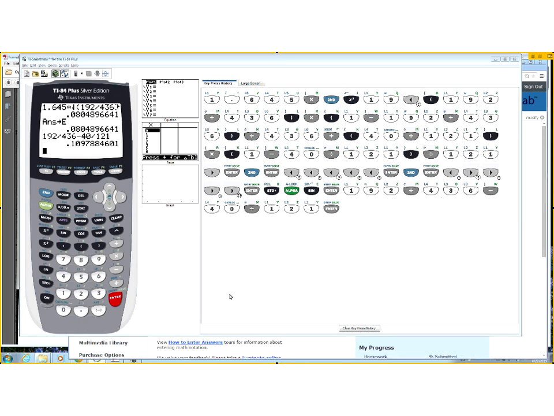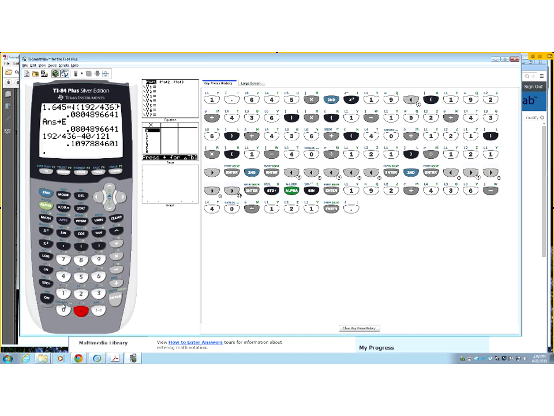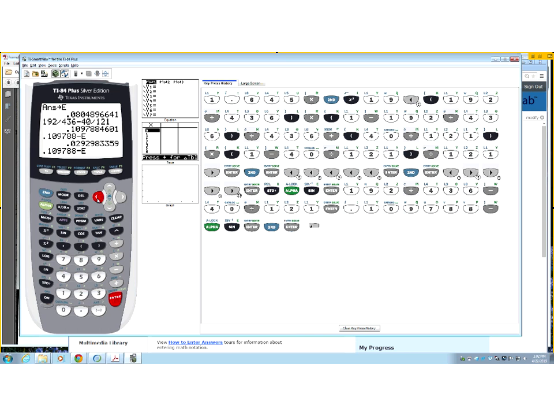All right, so let me just take you back to the calculator so you can just see what I'm doing. All right, so I have 0.109788 minus the margin of error, which is already in the calculator. And then, so I don't have to type that all over again, I'm just going to do second enter. And then I'm going to change that minus to a plus.